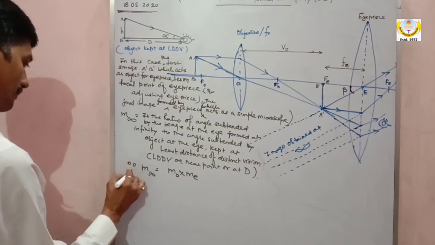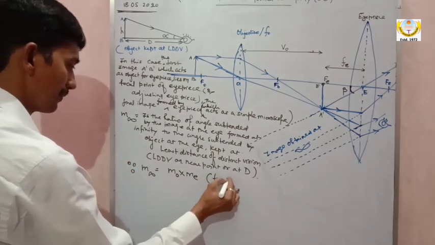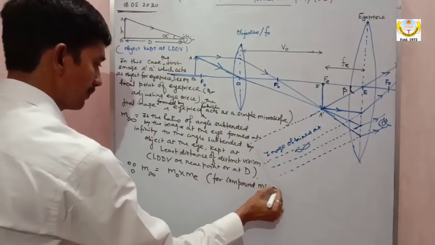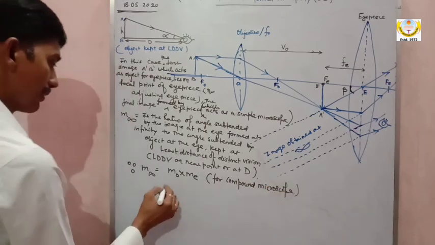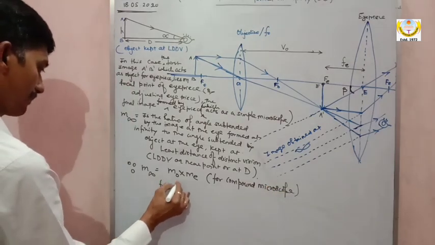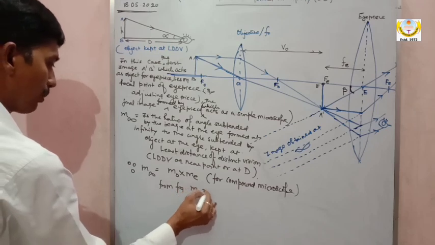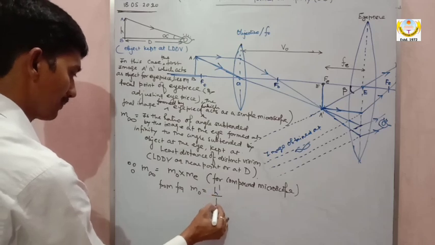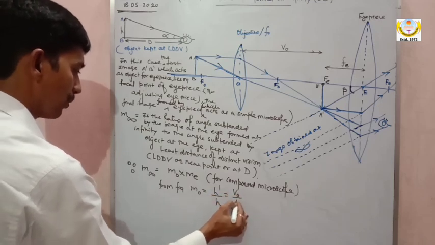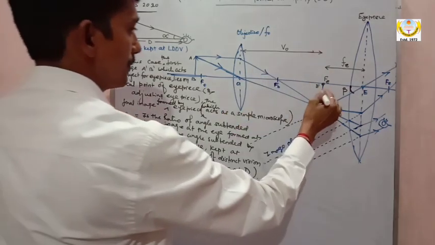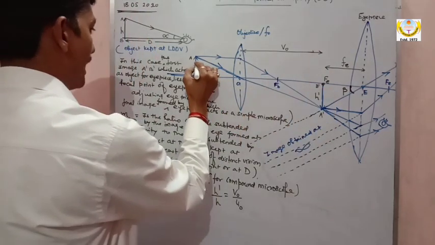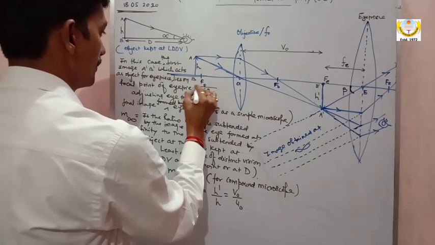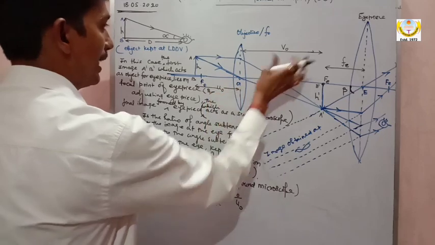Since for compound microscope, from figure, MO is what? MO is H dash by H, that is VO by UO. This is H dash, this is H, this is UO, and here it is VO.